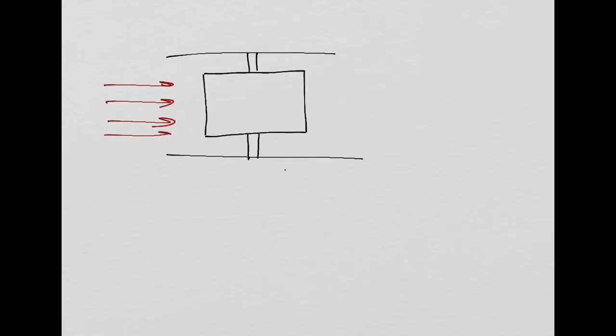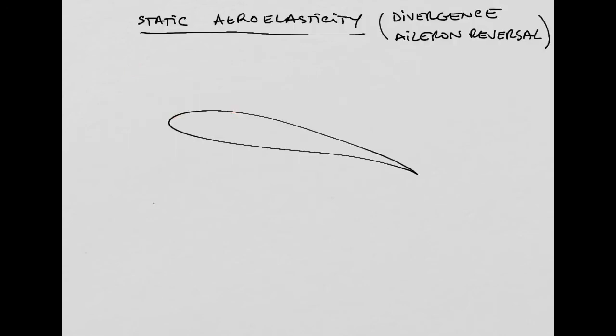You put your scaled model of your wing here, and you need to attach or clamp the beam to the walls of your wind tunnel. And then, of course, the flow comes in this way, the free stream velocity. The wing might have some angle of attack. What we are going to see now is the cross-section of that wing in the wind tunnel.